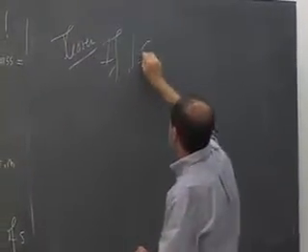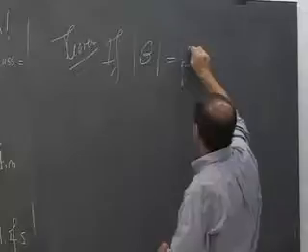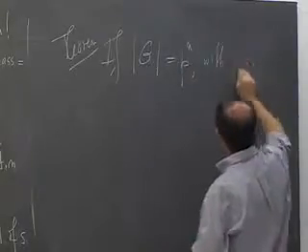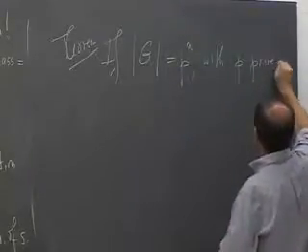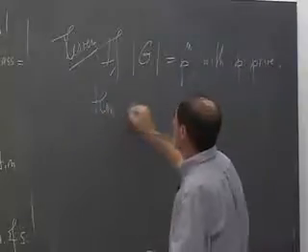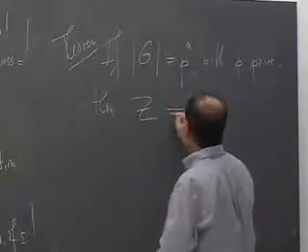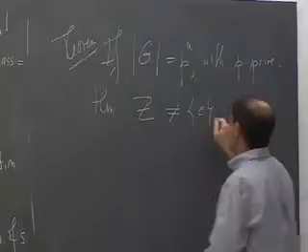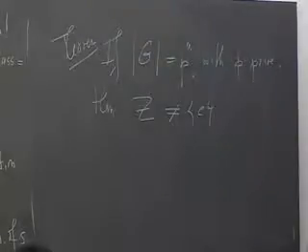If the order of G is equal to p to the n with p a prime, then the center of G is not equal to the identity element. Namely, you have non-trivial elements in the center of the group.